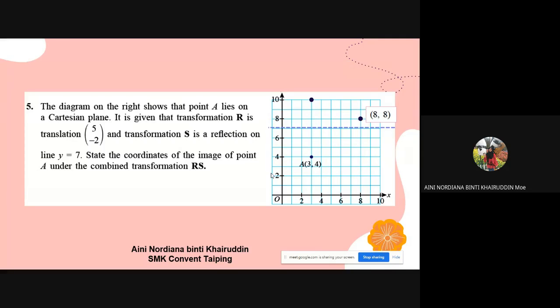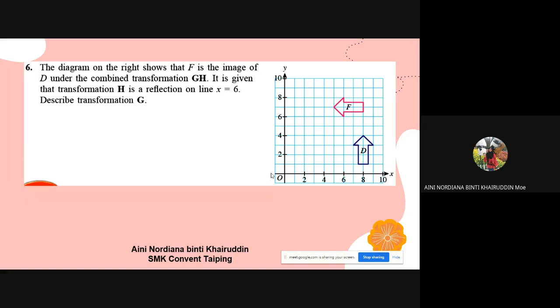State the coordinate. So the coordinate is (8, 8). Question number 6. Describe transformation G. So transformation G is a rotation of 90 degrees anti-clockwise at center (3, 6).